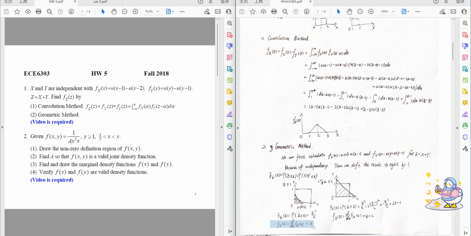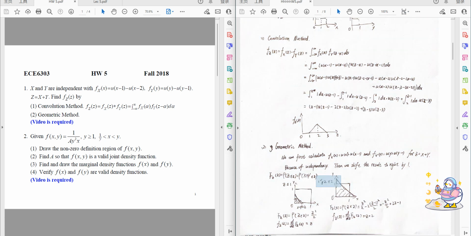And the density function, we can just use the differential. So z squared over 2 differentiates to 2 times z times half, which is just z.